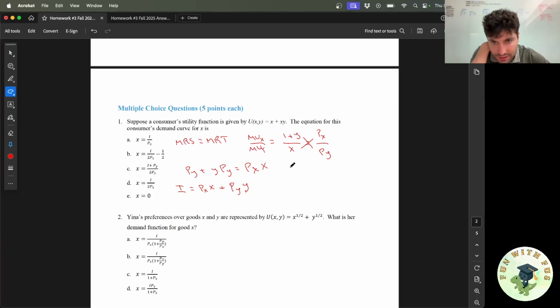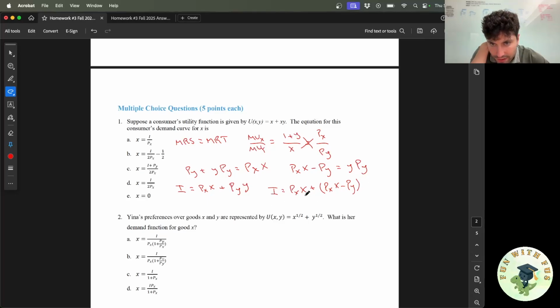So I'll get px times x minus py is equal to y times py. And from there, this y times py substitutes easily in. So I'm going to get income equals price of x times x plus price of x times x minus py.